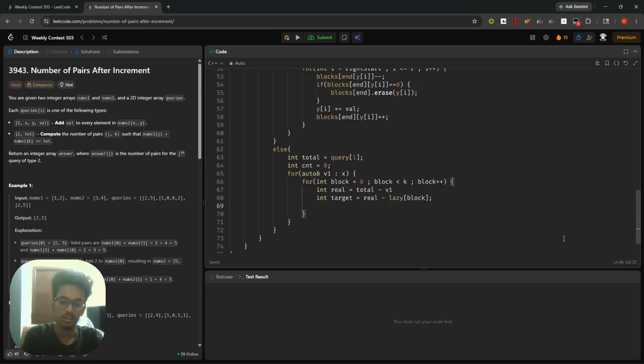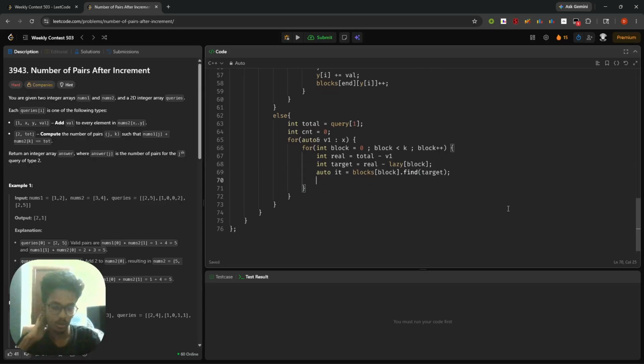Fine. Now I would find it simply. Auto it equal to blocks of block dot find. What I need to find is the target, which is a representation of the stored value, not the real value.